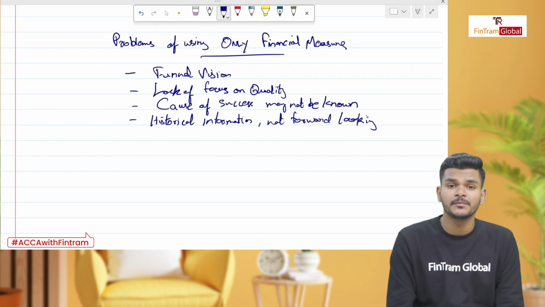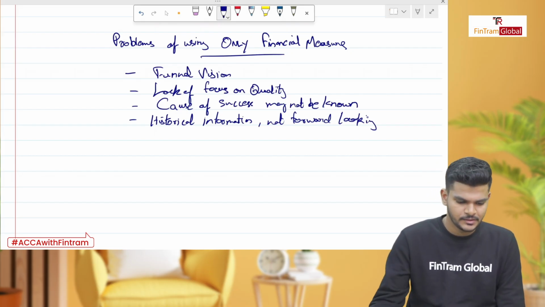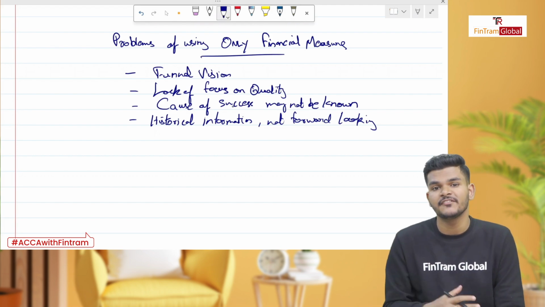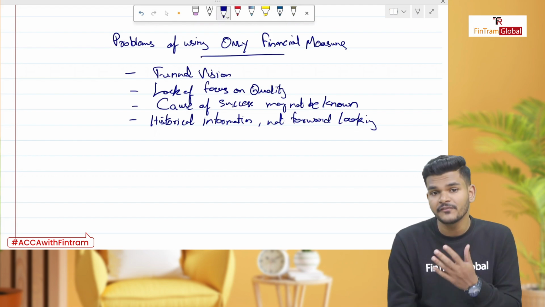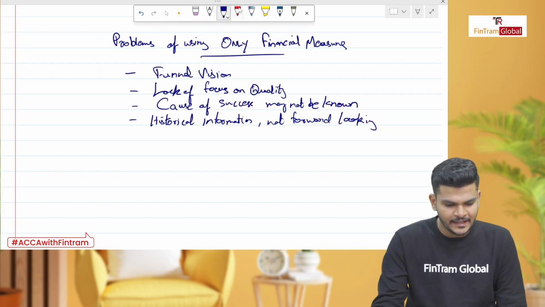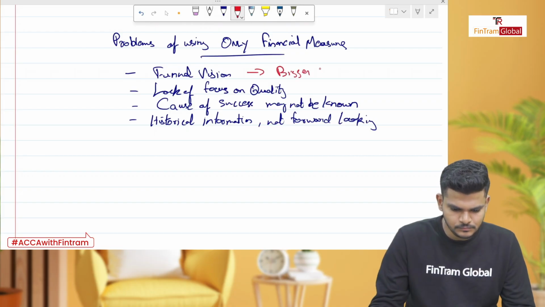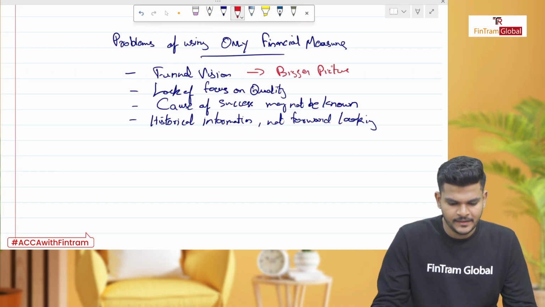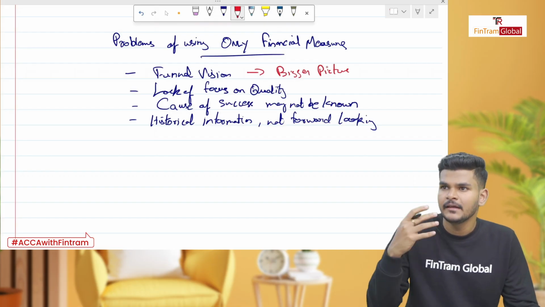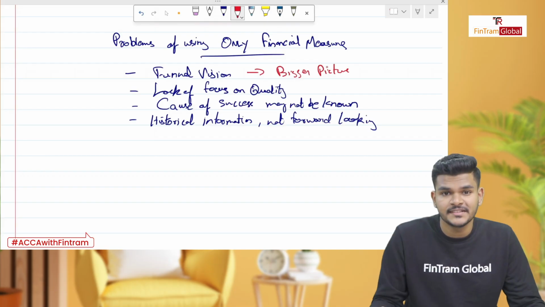These are some of the problems of only focusing on financial measures. So it gives us a bigger understanding as to why we should be using non-financial measures as well, right? Because non-financial measures can give you the bigger picture about the organization: where you're lacking, how you can add more value to the customers, why customers are dissatisfied, right?